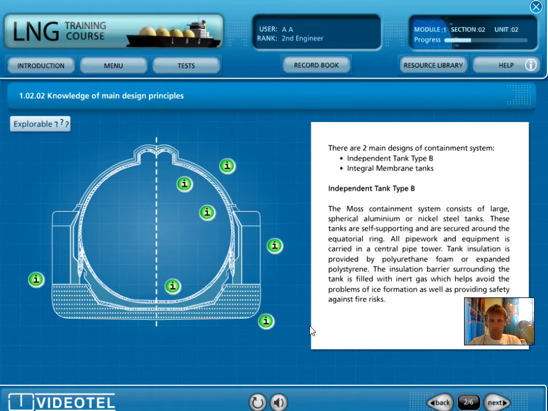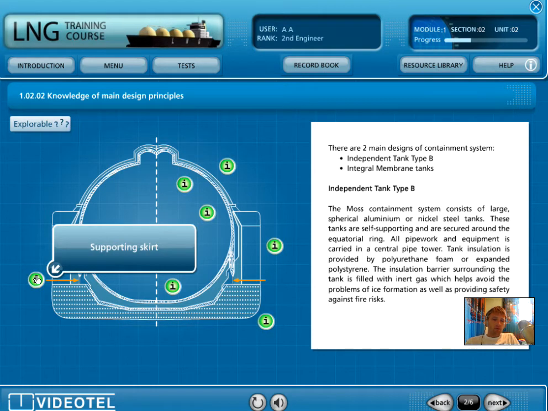Tank insulation is provided by polyurethane foam or expanded polystyrene. The insulation barrier surrounding the tank is filled with inert gas, which helps avoid the problems of ice formation, as well as providing safety against fire risks. So this is a kind of protection this independent tank type has.